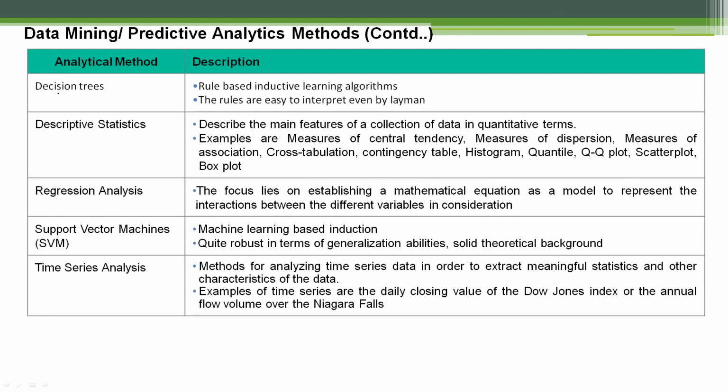Decision trees, we covered that already. They are intuitive learning algorithms, even interpreted by a layman. So the decisions go like this. With what confidence it goes here, and with what confidence it goes here. Each of them will have a confidence interval, a confidence band.